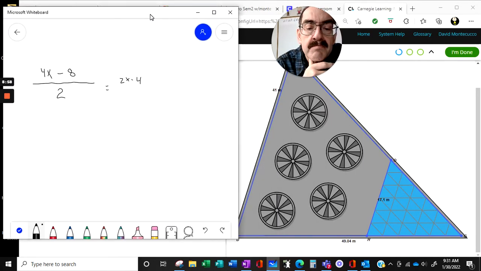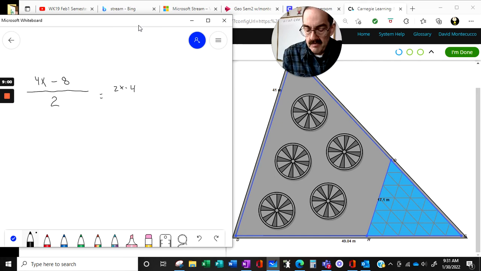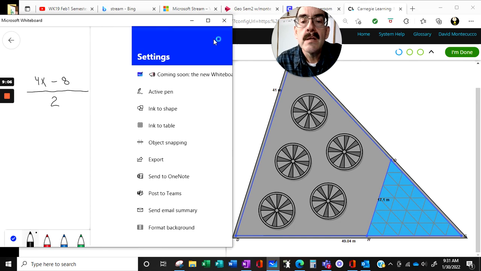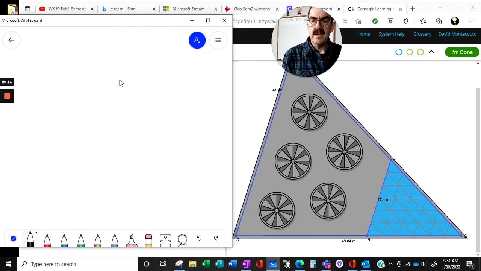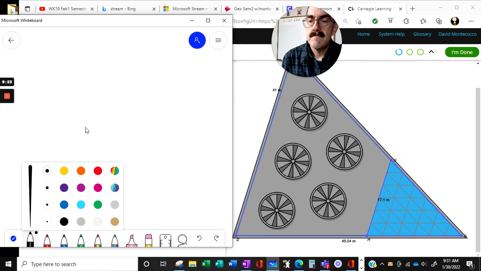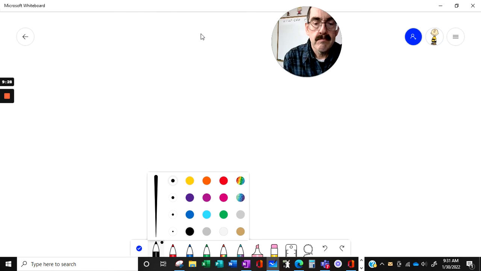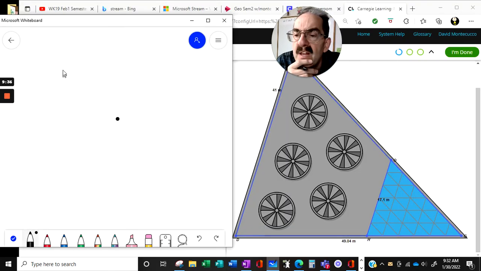Okay, so now let's pull this over here. And we could just do this math, couldn't we? Okay, so let's clear the canvas. It's not registering, okay, so let's try this freehand, okay?